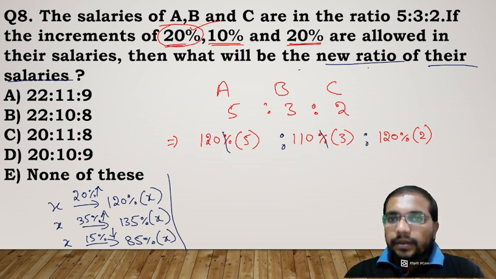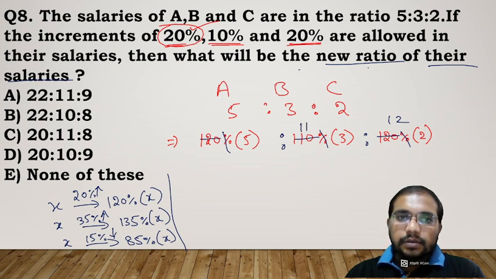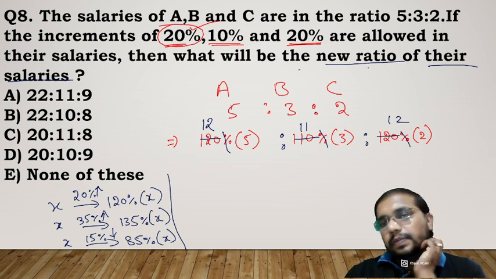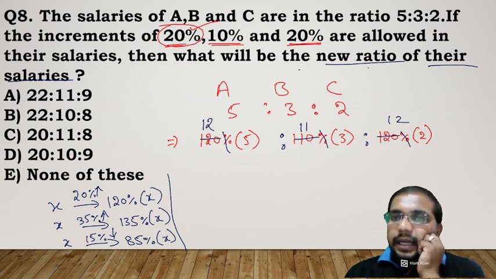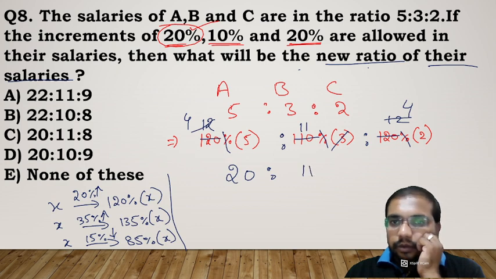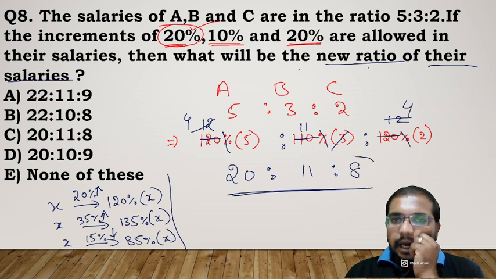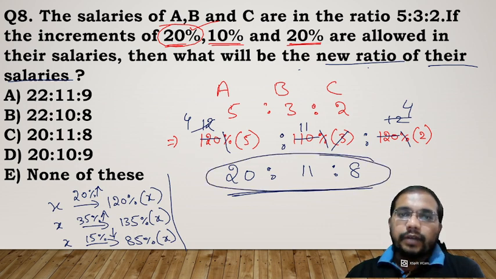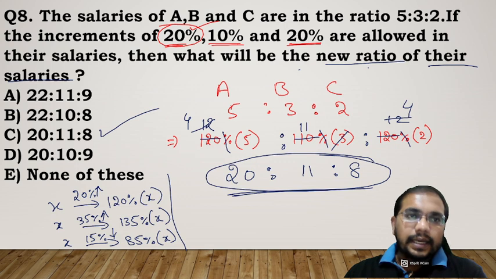Percentage cancel everywhere. 10 cancel, 12 times, 11 times, 12 times. 3 cancel 1 time, 4 times, 4 times. 4 into 5 is 20, 11 into nothing. 4 into 2 is 8. That means after increase the ratio is 20 is to 11 is to 8. That is option C. This is my answer.